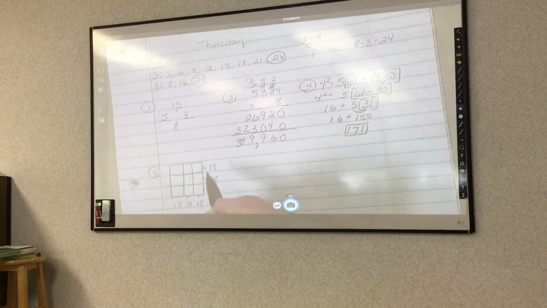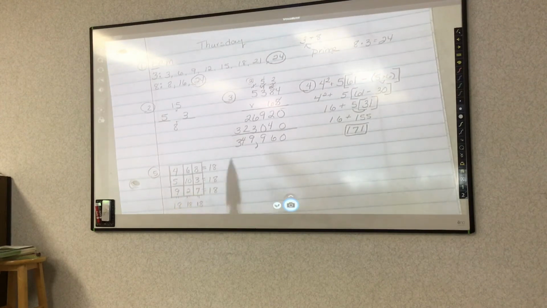To fill in my rows, I started with some combinations that would equal 18. 4, 6, and 8 equals 18. 5, 10, and 3 equals 18. And 9, 2, and 7 equals 18.